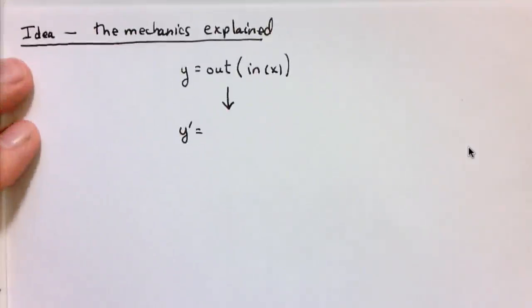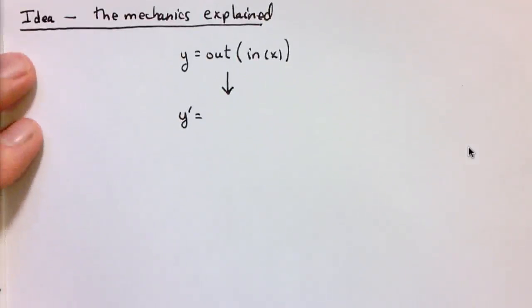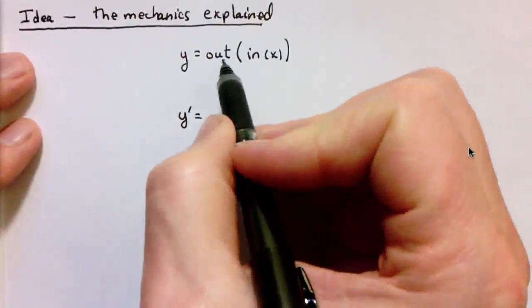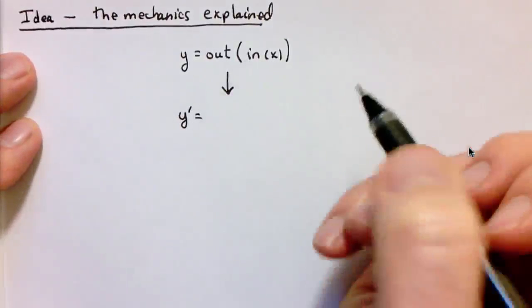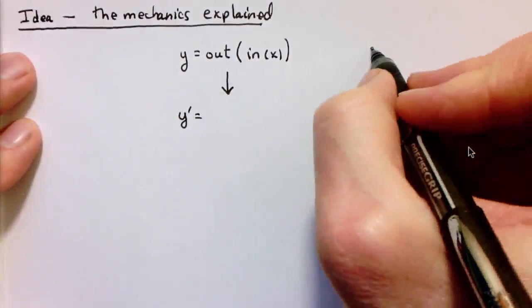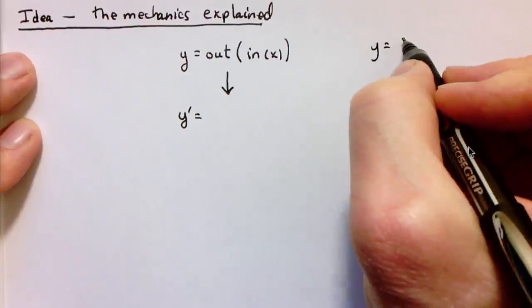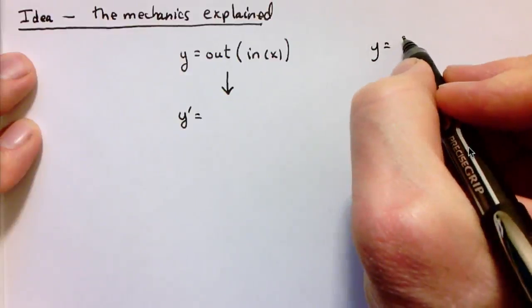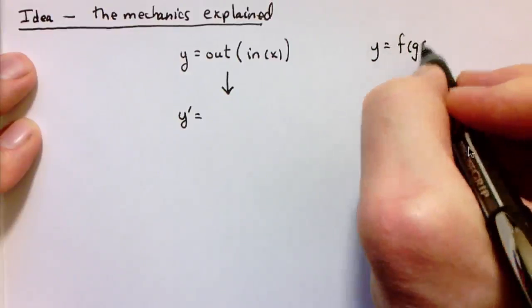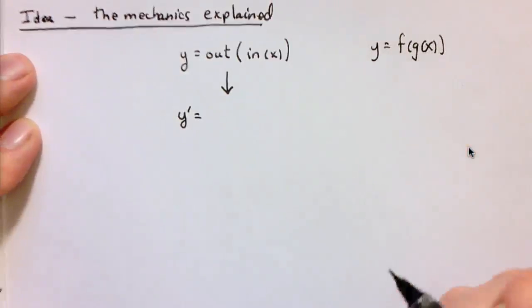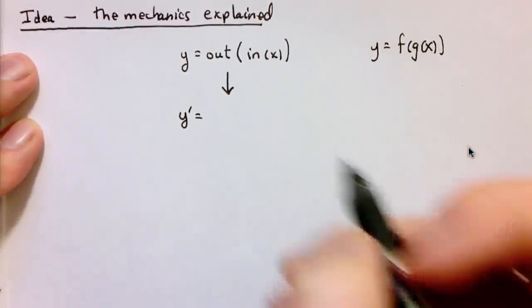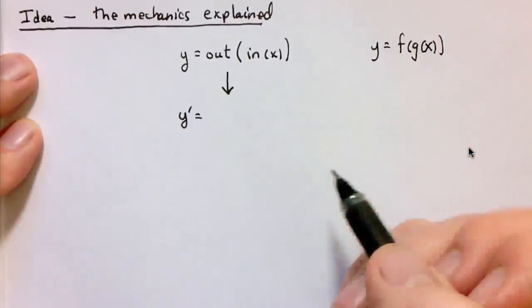All right. How about the mechanics? When we have a composite function, you might think of it as y equals the outer function applied to the inner function. Compare that to the notation we had before, which is y equals f of g of x. So g is our inner function, and f is our outer function.